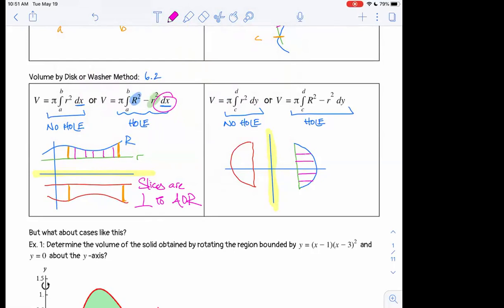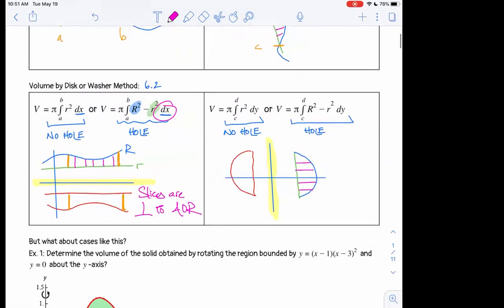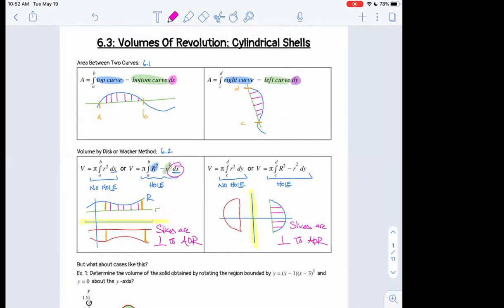But in this case, I can say the same thing, that the slices are perpendicular to the axis of revolution. Okay, so we've got area between two curves, we've got volume by disk or washer method, and the takeaway for disk and washer method is that our slices need to be perpendicular to our axis of revolution.